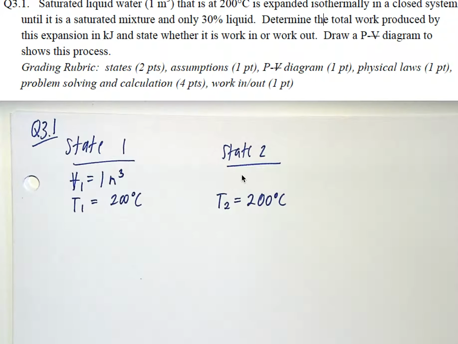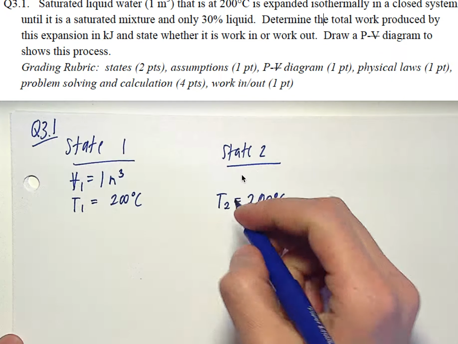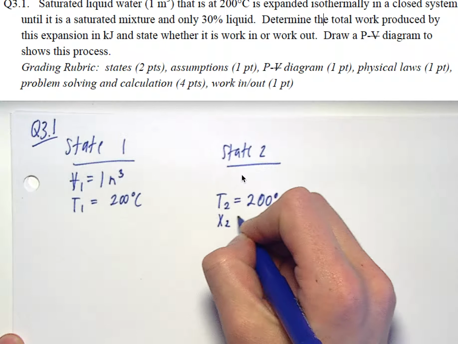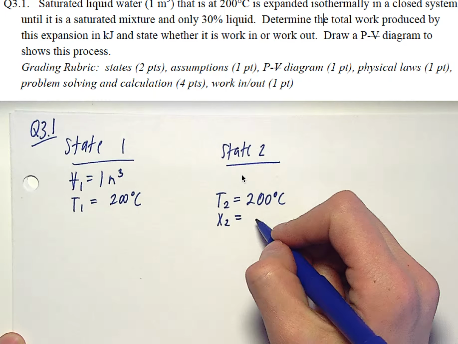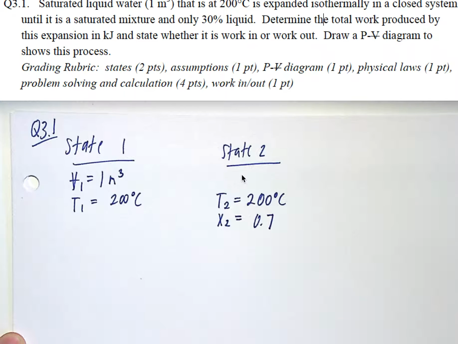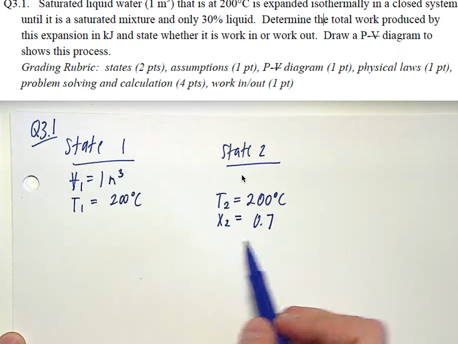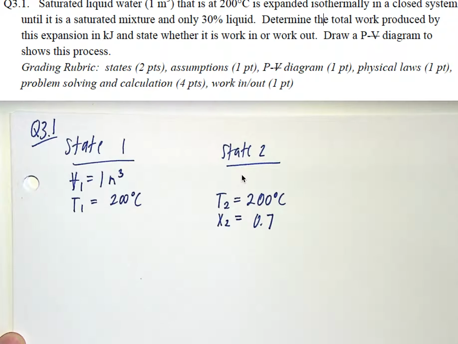The only information we were given about state 2 is that the quality is 0.7, so it's 70% vapor or 30% liquid, as the problem statement said. So that was a common mistake on the quiz, just mixing those up. And so just remember that the quality is defined as the percent vapor, not the percent gas, not the percent liquid.